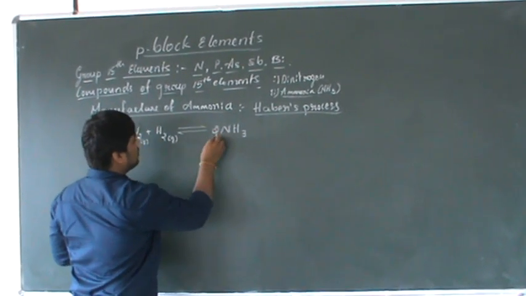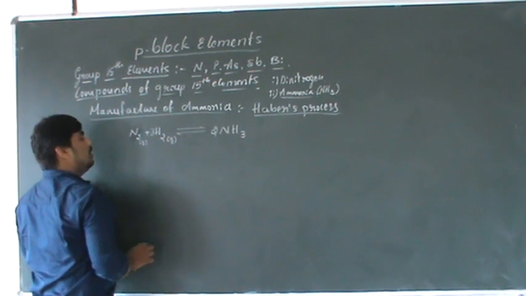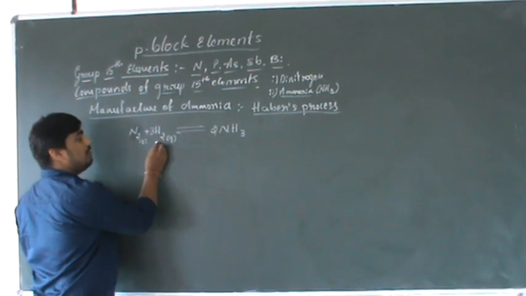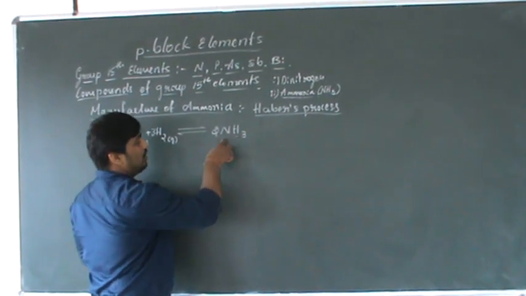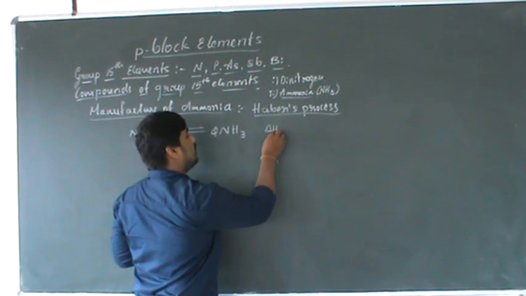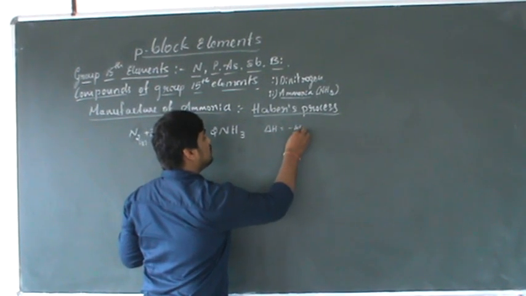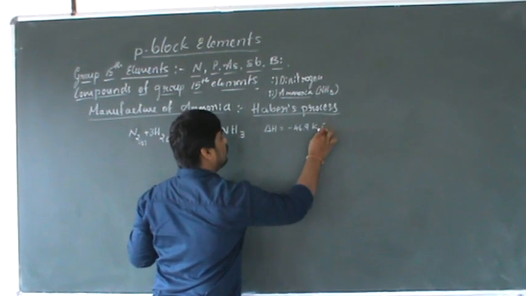To balance this equation, write 3 H2. One mole of nitrogen and 3 moles of hydrogen gas combine under the conditions and produce ammonia. This reaction has delta H equal to minus 46.9 kilojoule per mole.